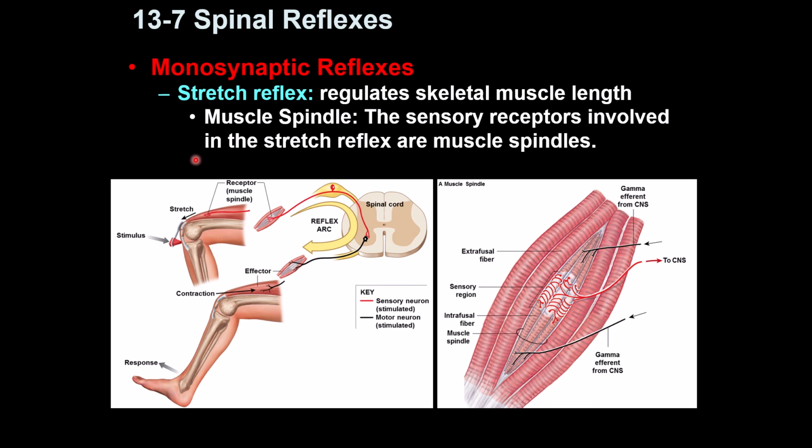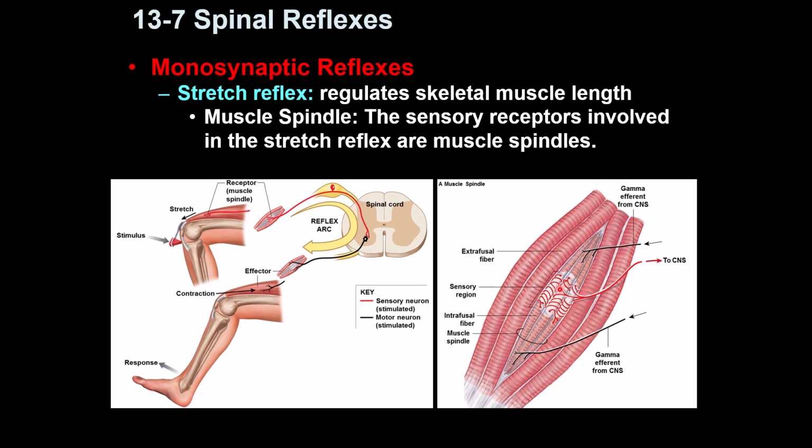Another example is the stretch reflex, and for the stretch reflex it's better to talk about the muscle spindle first. This is inside the skeletal muscle. Most of the skeletal muscle is made of these fibers, which are called extrafusal. These are the muscle fibers that cause contraction of a muscle. But you also have something else, and these are called intrafusal fibers.